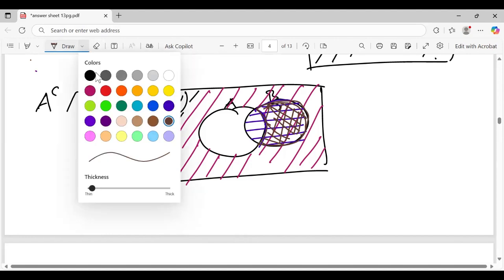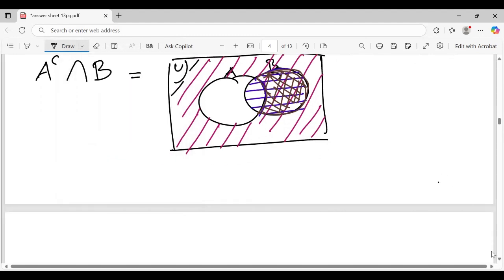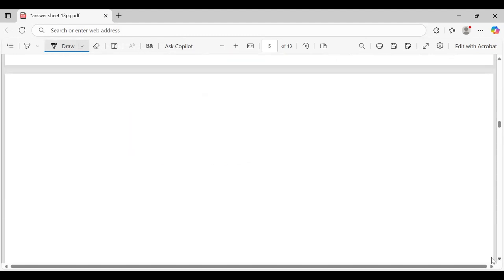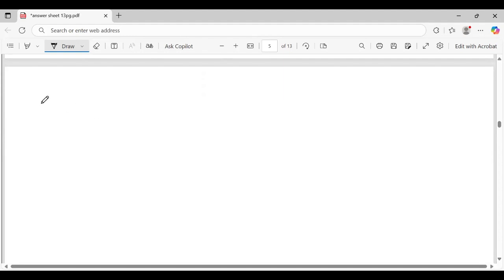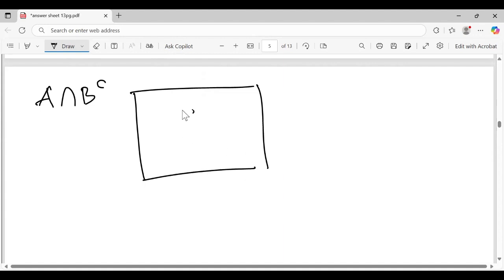Let's continue. What else? A intersection with set B complement. So the Venn diagram, this set A, set B, U is the universe. Okay.